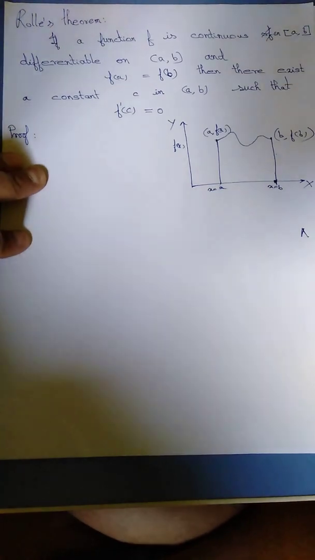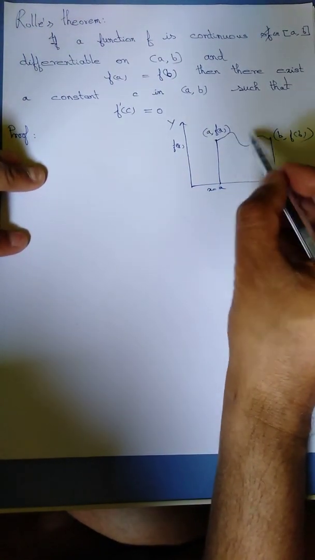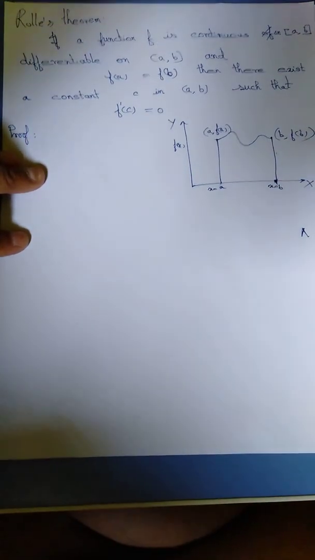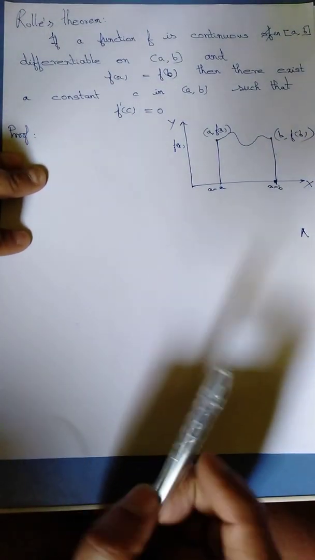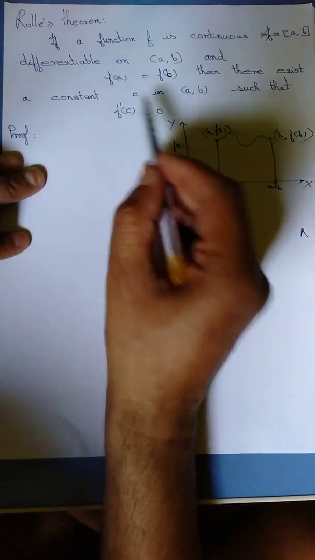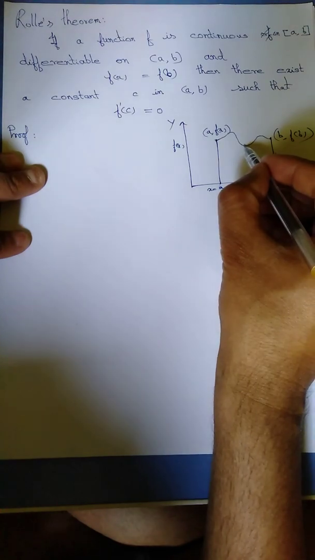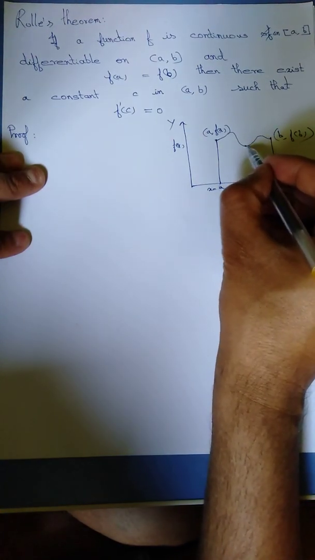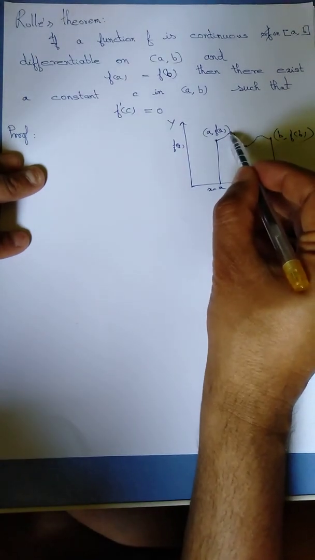In such a situation, somewhere you will see that tangent is parallel to x-axis. Now the derivative gives you slope of tangent. F dash x gives you slope of tangent, so f dash x must be exactly 0 at that point. In fact, we are bound to get 3 such points here.